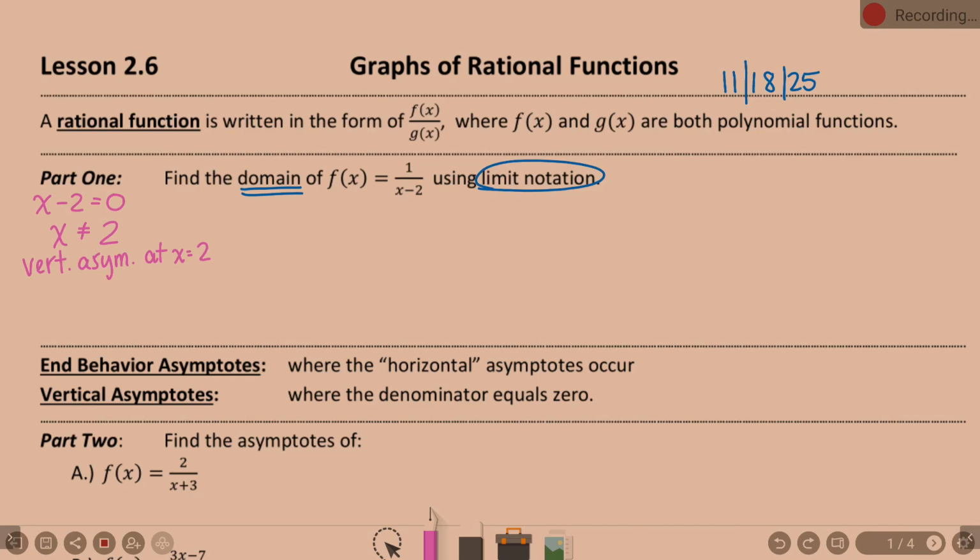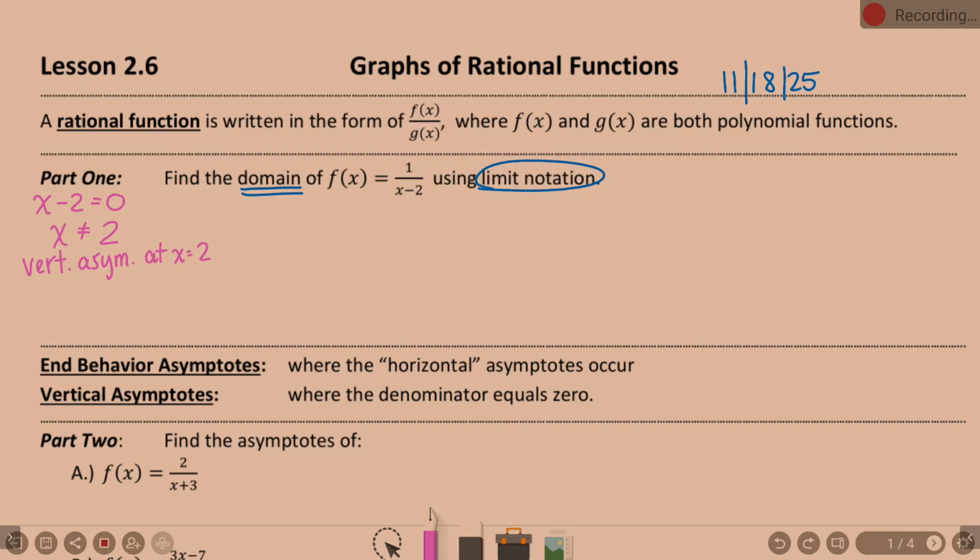Now, review. What about horizontal asymptote? Do you remember those rules? I think you're thinking more of range. What's the one where wherever your biggest power is at? That's what we want to talk about.